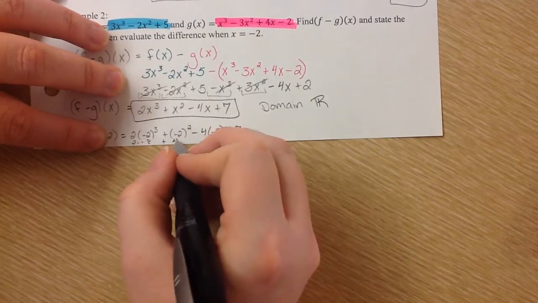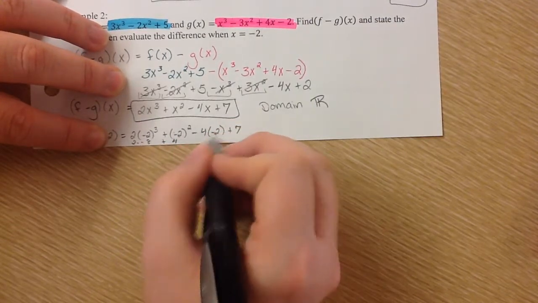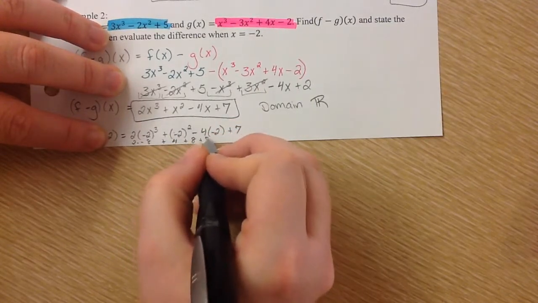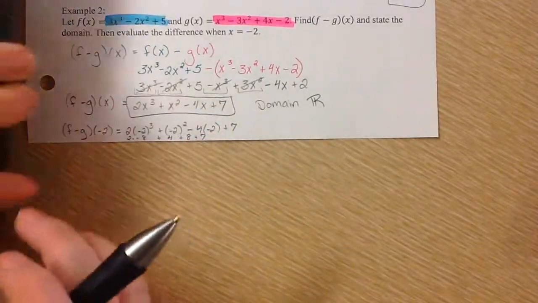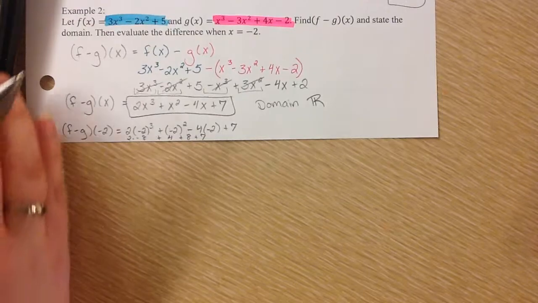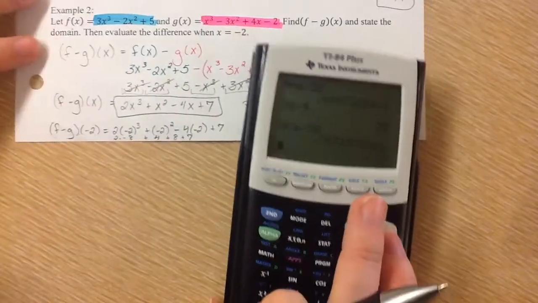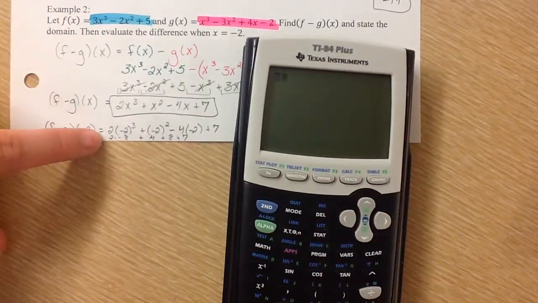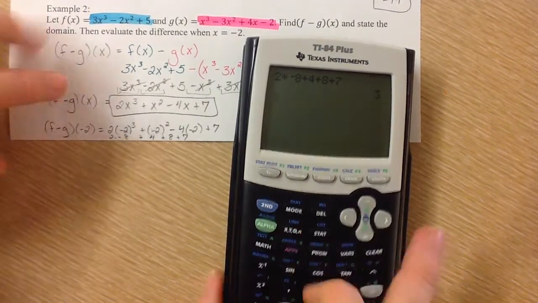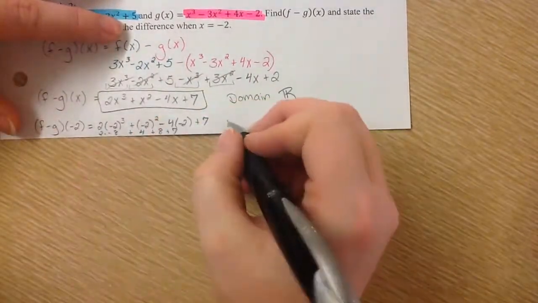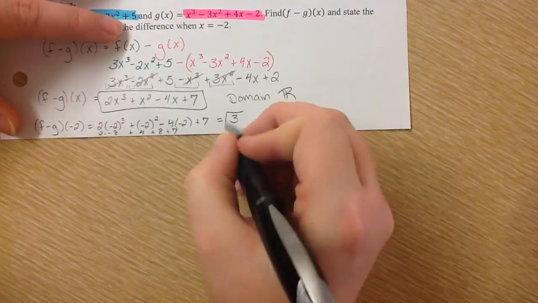Negative 2 to the second is 4. Negative 4 times negative 2 is positive 8 plus 7. Okay, go ahead and use our calculator to evaluate the rest of this, 2 times negative 8 plus 4 plus 8 plus 7. We get 3. So this equals 3.